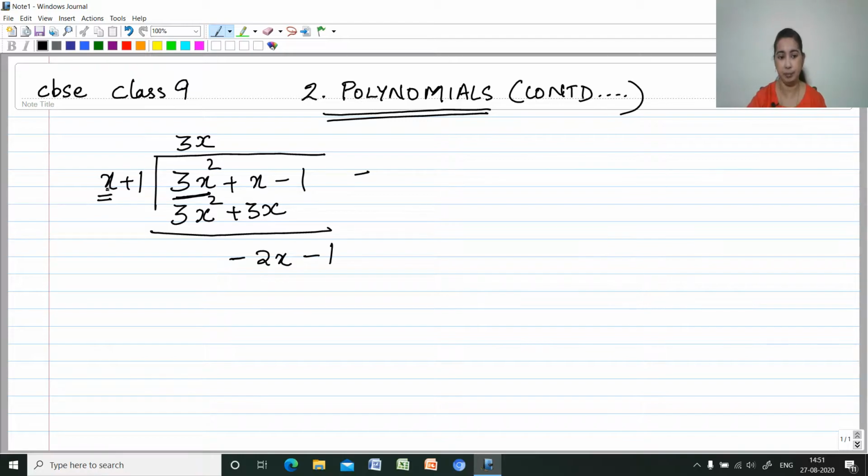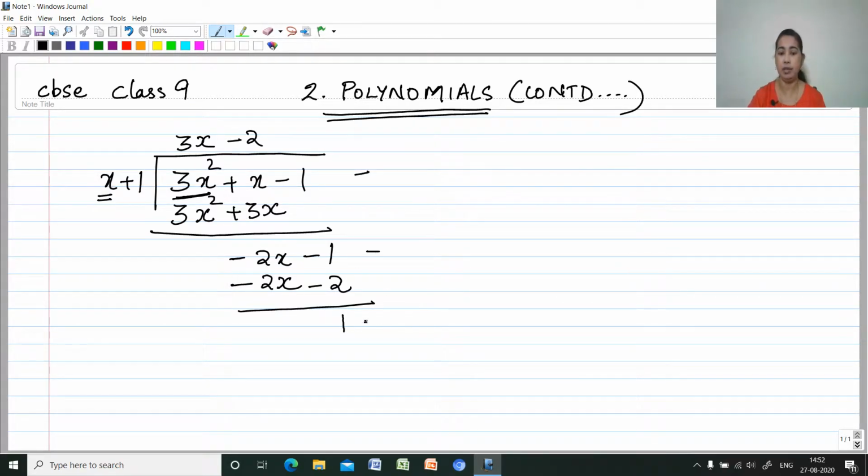If I am multiplying by minus 2, x into minus 2 gives minus 2x, and plus 1 into minus 2 gives minus 2. Now again subtract, so that minus 2x and minus 2x get cancelled. Remaining, minus 1 plus 2 gives 1.